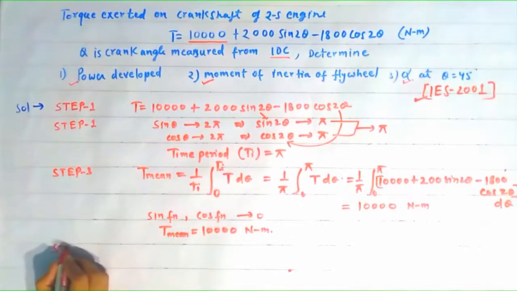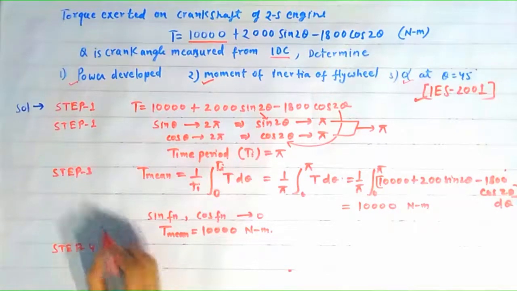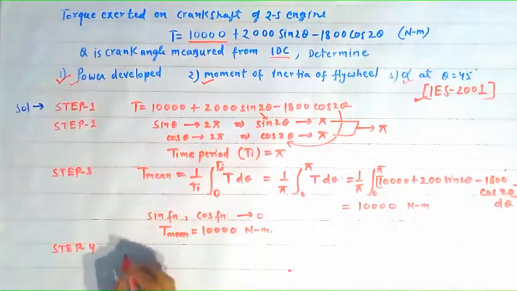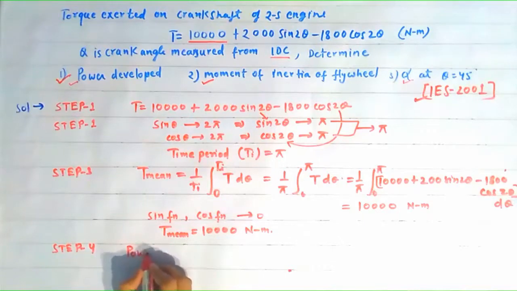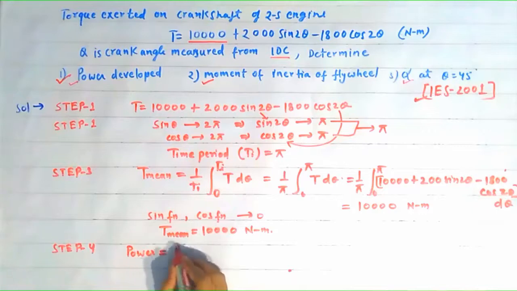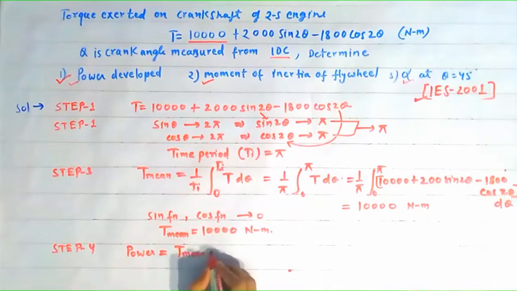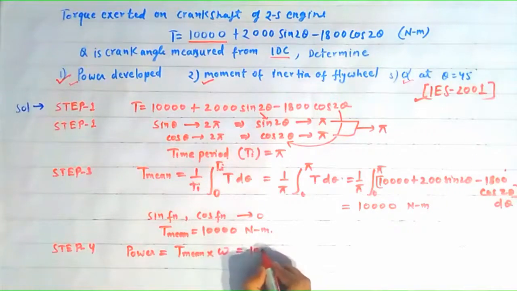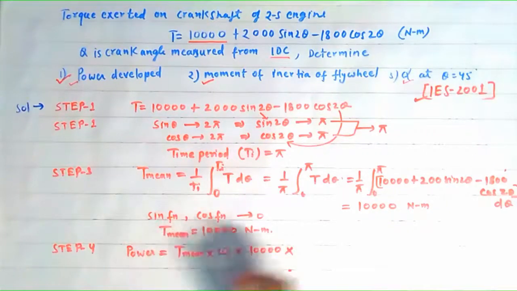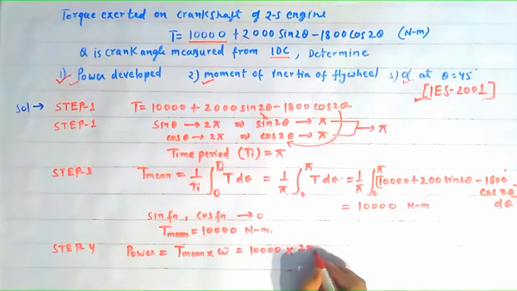In the next step, step number 4, we will find the power delivered. That is, we will solve the first part of our problem. The power delivered is given as T mean into ω. T mean is 10,000, and ω is 2πn divided by 60.